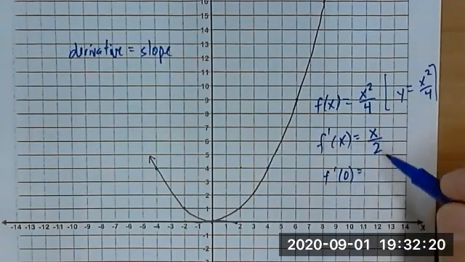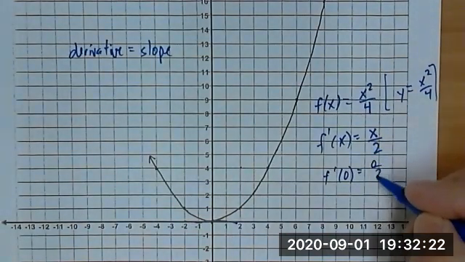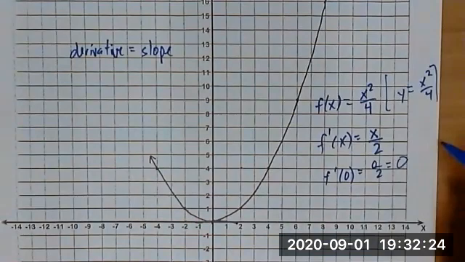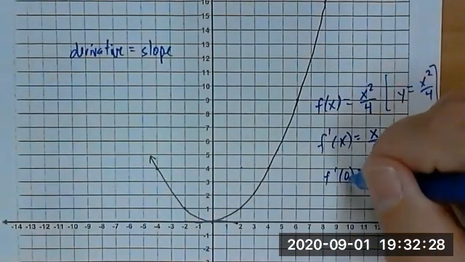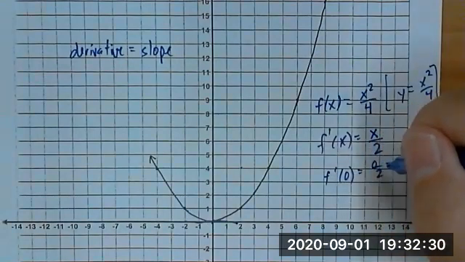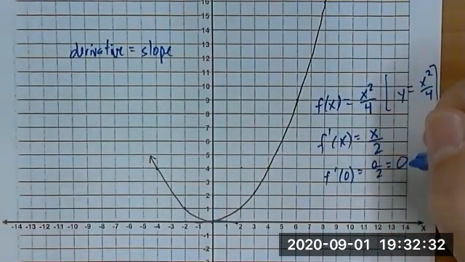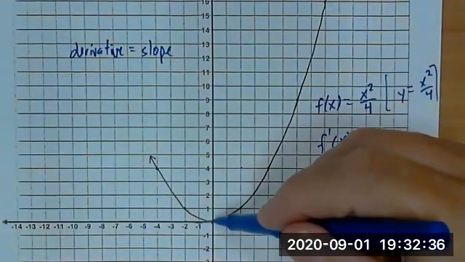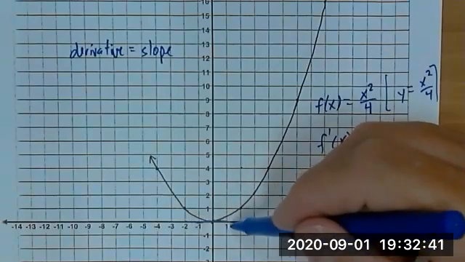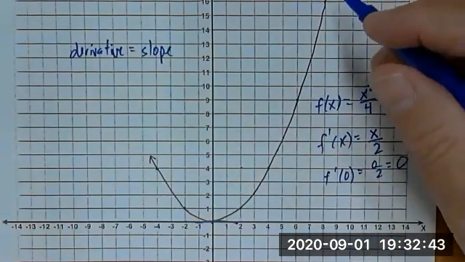I plug in 0. 0 over 2 is 0. What I'm saying is, for this curve, when x is 0, the derivative or the slope at that point is 0. And I look here, yeah, the slope is 0. I look at my tangent line, which is the same as the slope at my point. It's horizontal. We know that the slope of a horizontal line is 0.